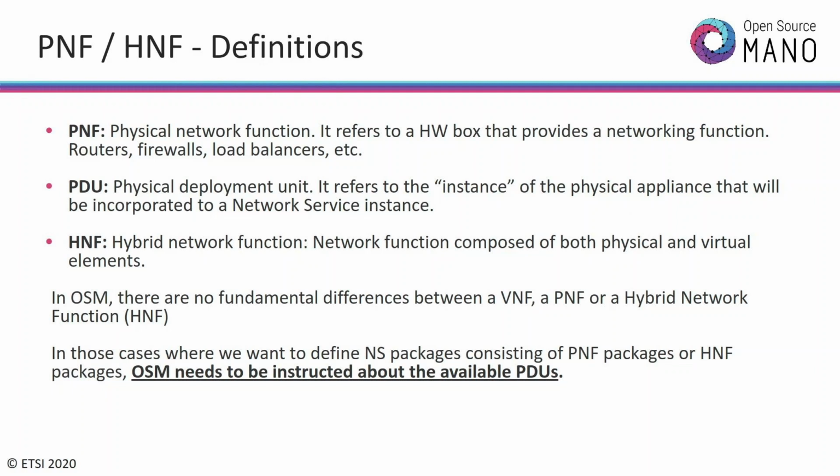It's composed of both physical and virtual elements. So we can have a mix of physical and virtual deployment units in the same network function. We can have physical network functions and virtual network functions in the same network service as well. So we can have a mix of everything.